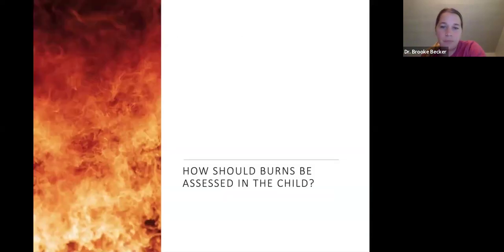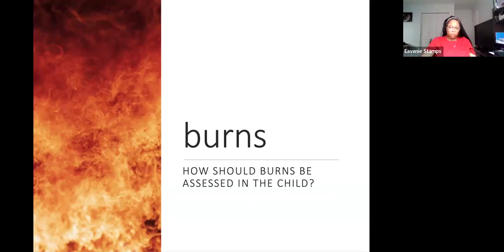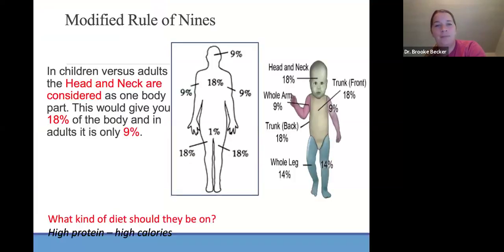Okay. How should burns be assessed in the child? Yeah, the rolling nines. Good. Yes, the rule of 9. So based on where the burn is, how you score the severity. Okay.